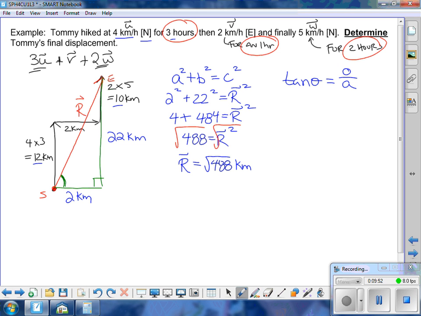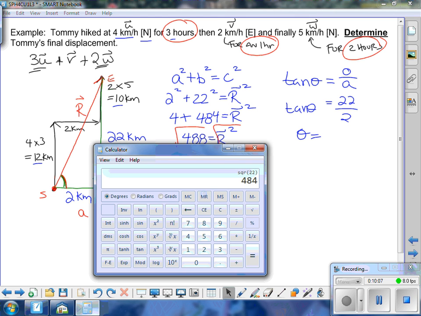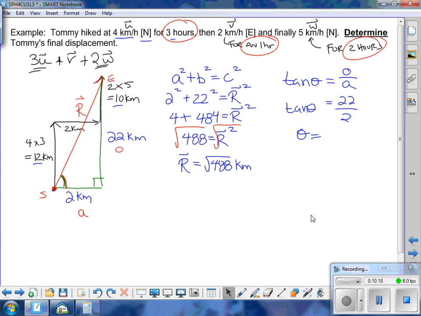The only thing I have to be careful of, if this is my reference angle, I have opposite and adjacent. So tan theta equals 22 over 2. Again, always do the fraction first. So 22 divided by 2 is 11. Just proving my calculator works. And I get an angle of 84.8 degrees.